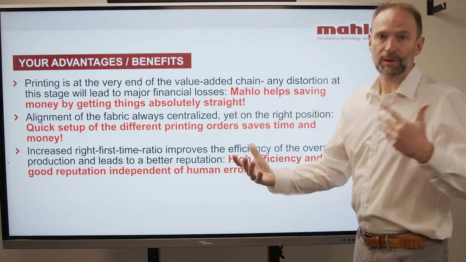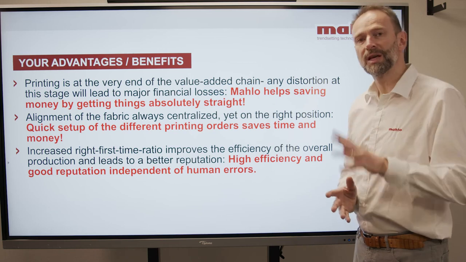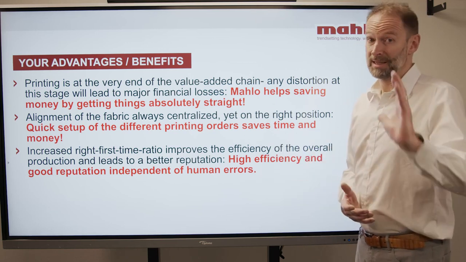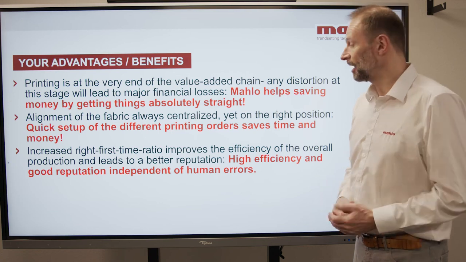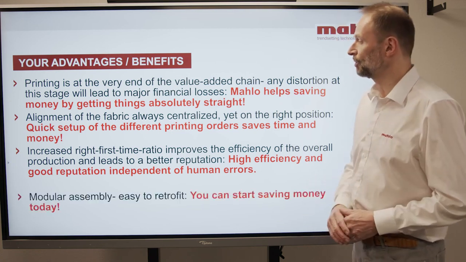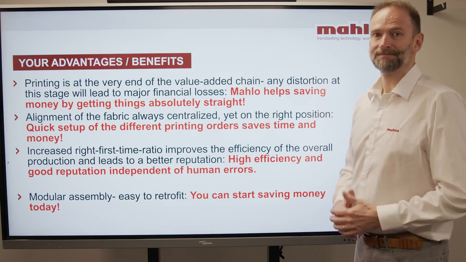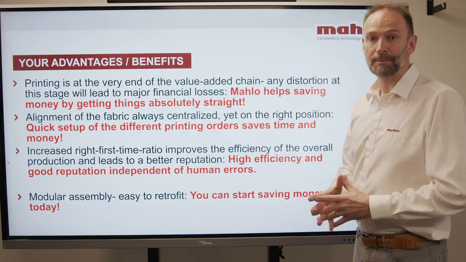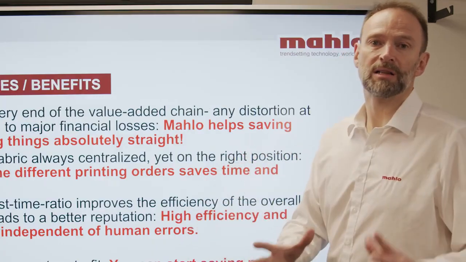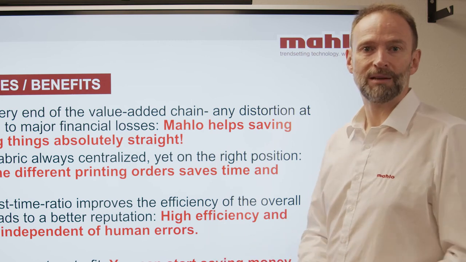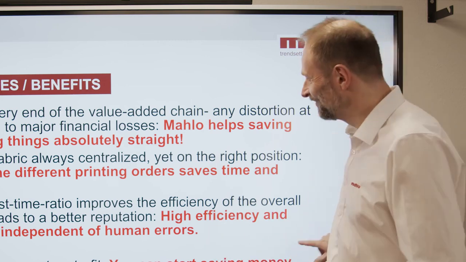Because again, when something goes wrong, you have to make sure that this fabric goes back, and it is a lot of hassle besides the money, and you save a lot of problems if you are doing it right first time. The good thing here as well, it's coming in a modular assembly, so you can start putting that machine into your line today. Just give us a call.